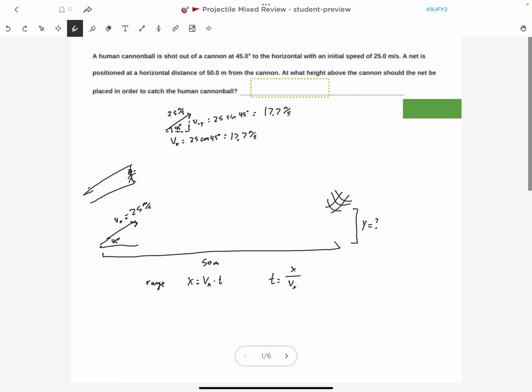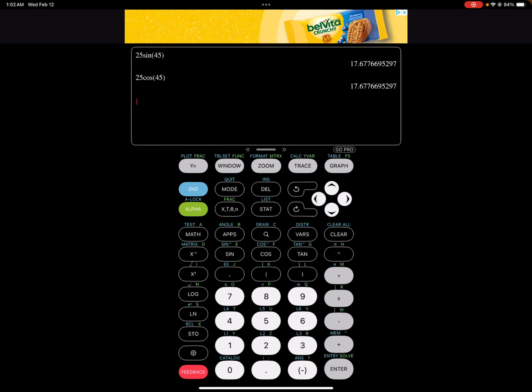And from that we can figure out how long he's going to be in the air. I know that I have a horizontal range of 50 meters, and his horizontal velocity is 17.7 meters per second. From that, we can calculate the time. So I'm just going to do 50 divided by the answer.